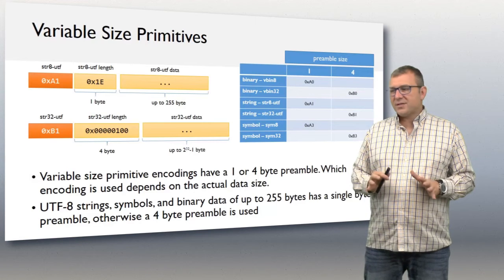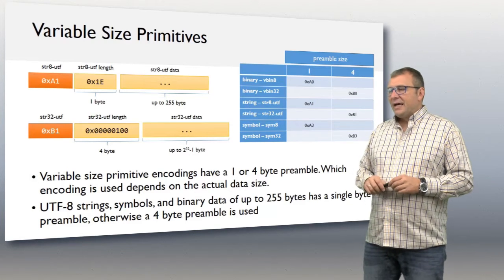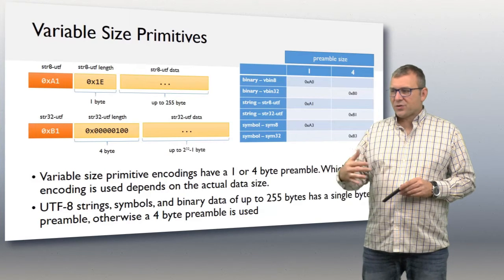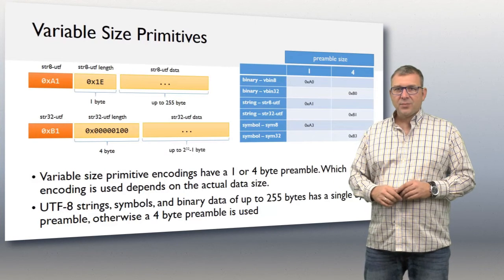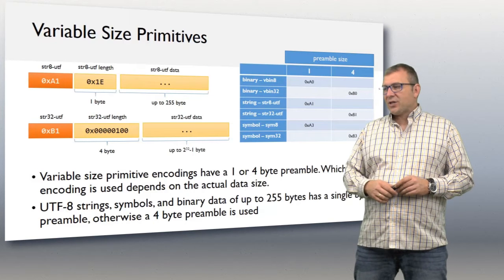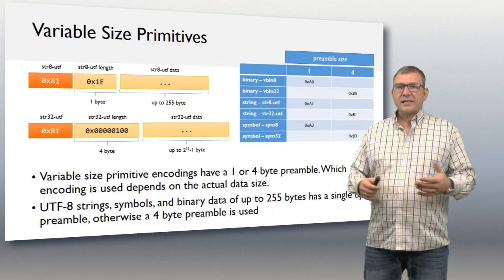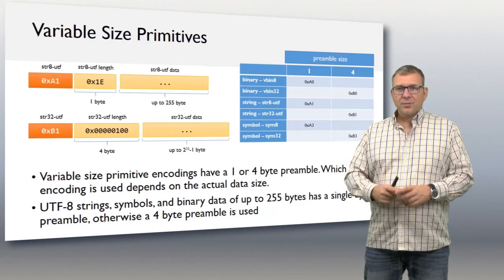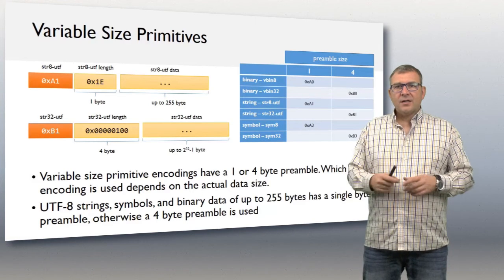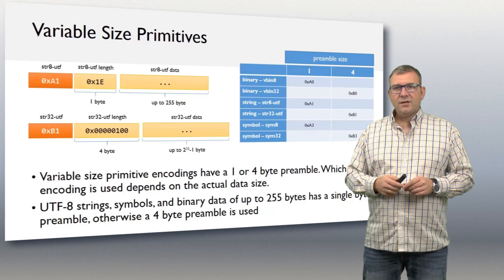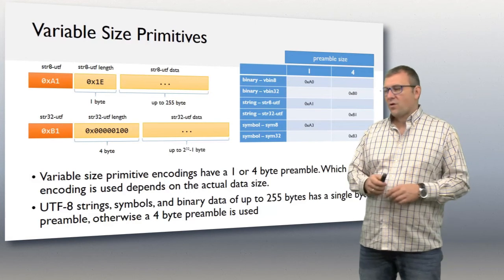So variable size primitive encodings have a 1-byte or a 4-byte preamble, and that's true for binaries, strings, and symbols. And symbols are just a specialized, separate way of encoding a string that's specifically used for symbols, and symbols are more constrained to the permissible AMQP value space for symbols.